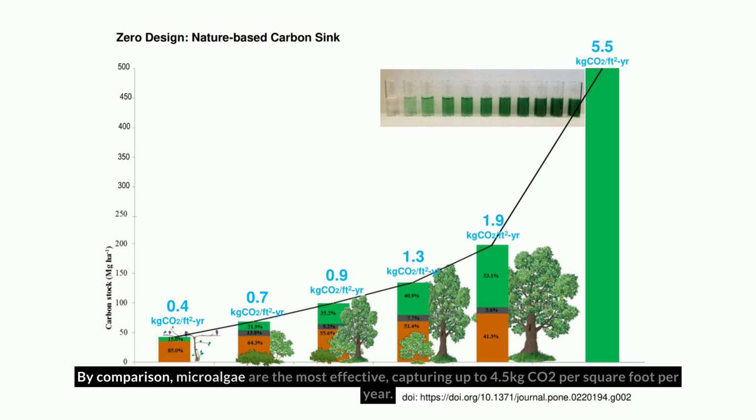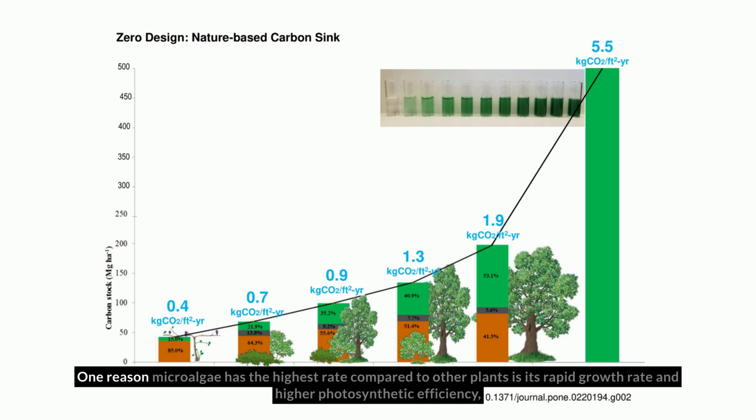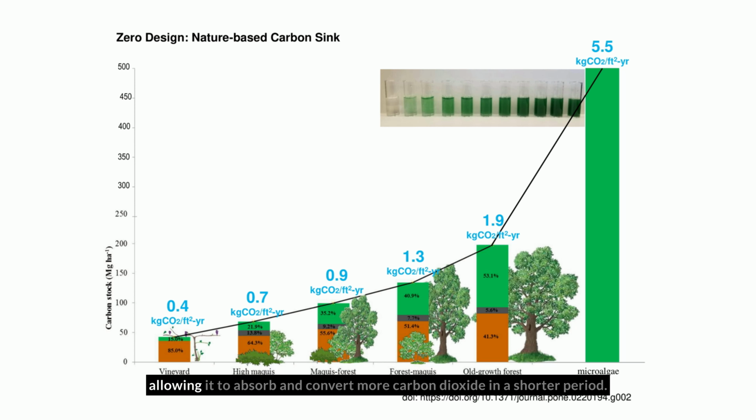By comparison, microalgae are the most effective, capturing up to 4.5 kg of CO2 per square foot per year. One reason microalgae has the highest rate compared to other plants is its rapid growth rate and higher photosynthetic efficiency, allowing it to absorb and convert more carbon dioxide in a shorter period.